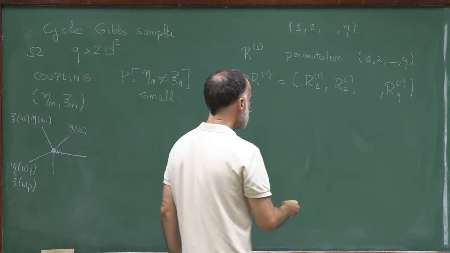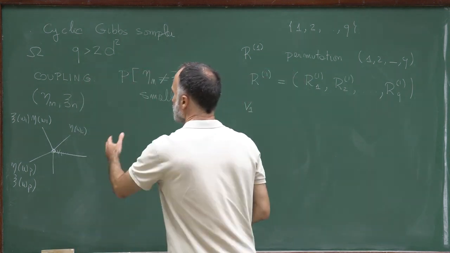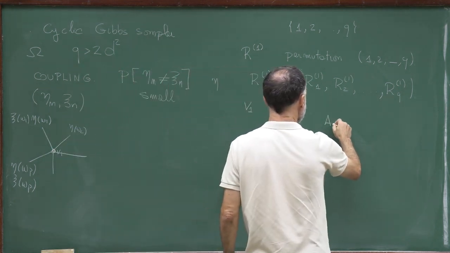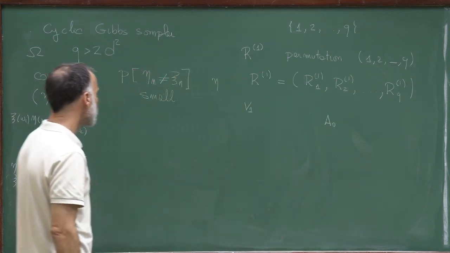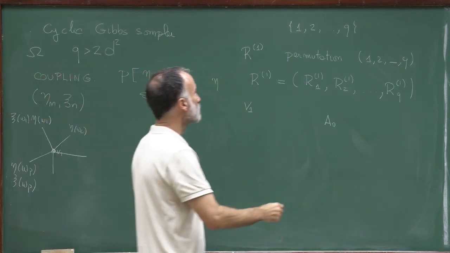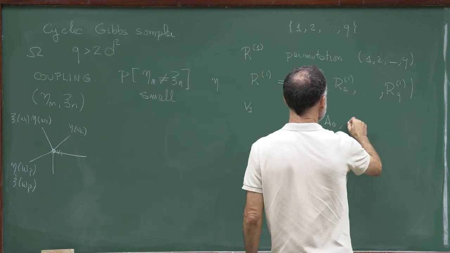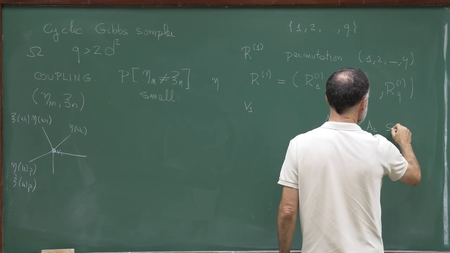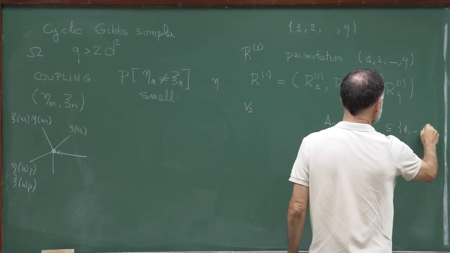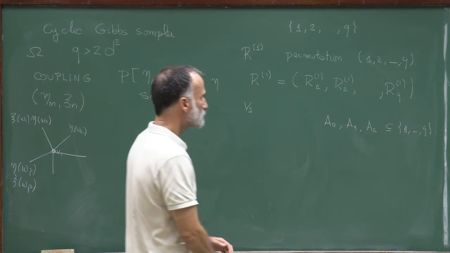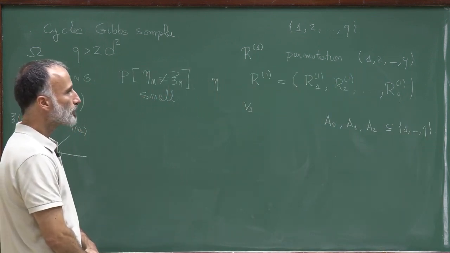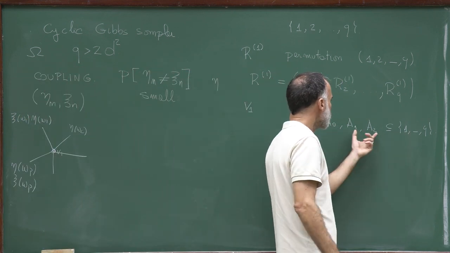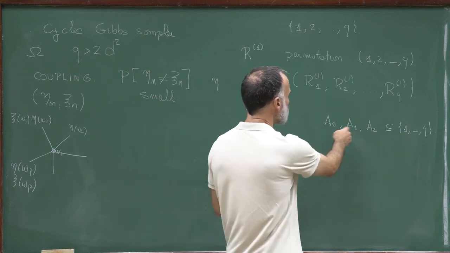Now, so now I want to define a partition of the set S. So A0, A1, A2 will be subsets of 1 to Q, and the intersection of these sets will be empty.